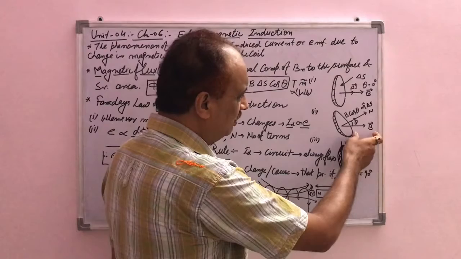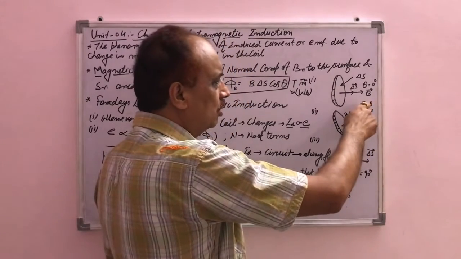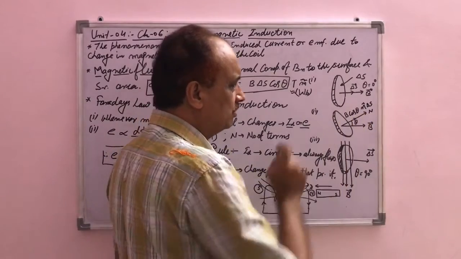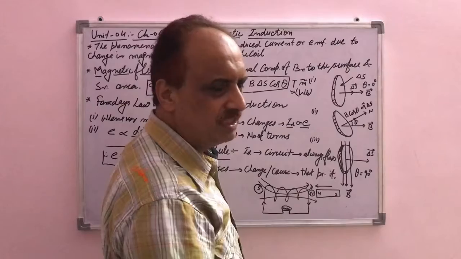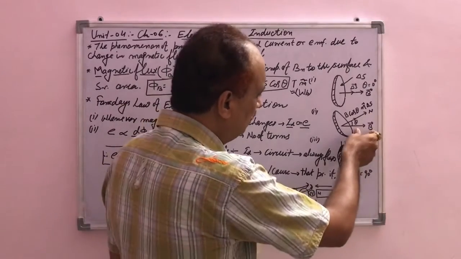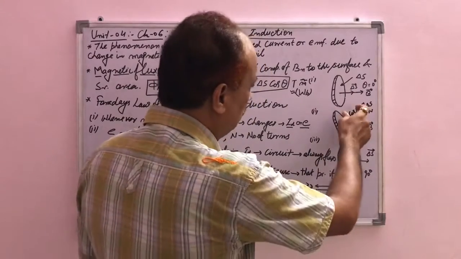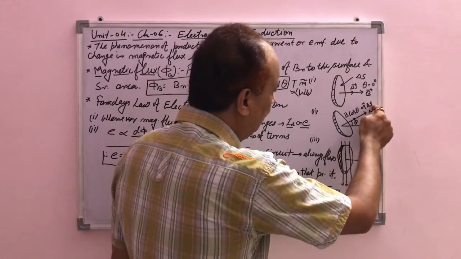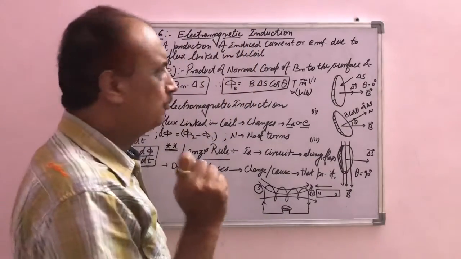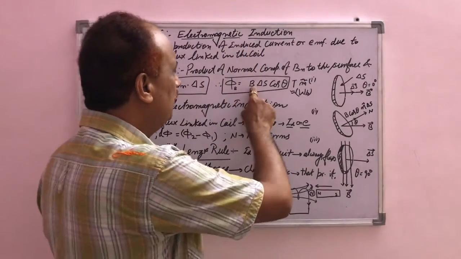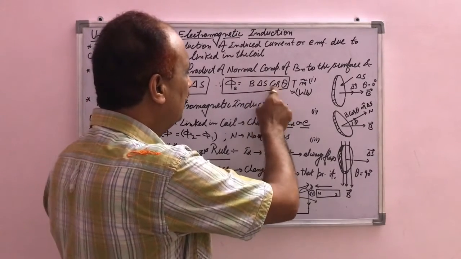So we have to write the component of the magnetic field in the direction of the normal of the surface, that is b cos theta, and the other rectangular component will be b sin theta. So we have to use here the normal component of b, that is b cos theta. So the product of b cos theta and delta s is equal to the magnetic flux. So phi b equal to b cos theta into delta s, that is b ds cos theta.